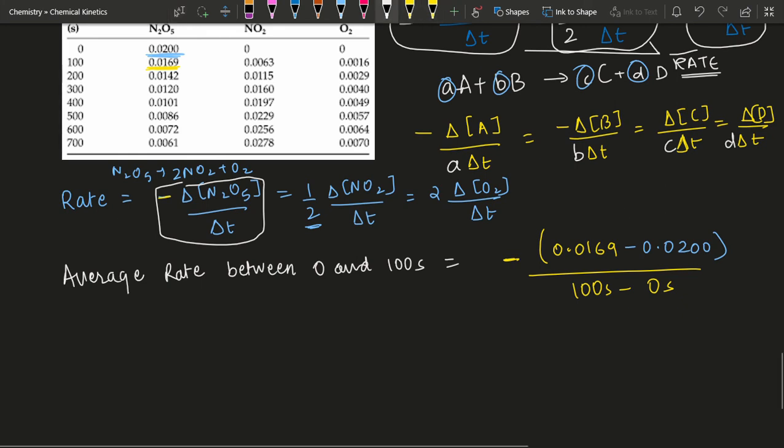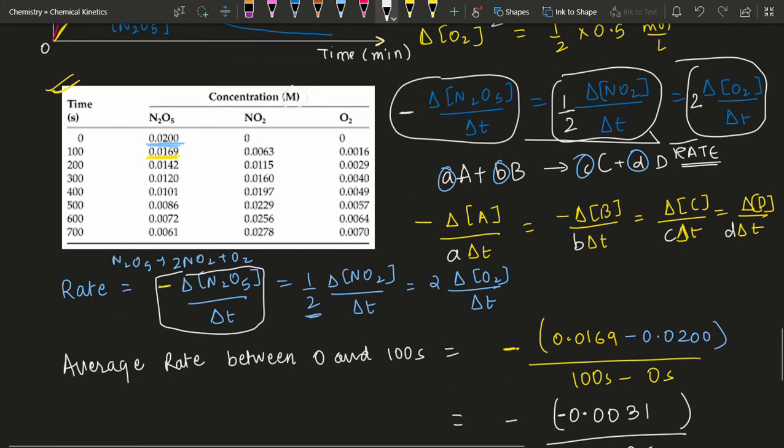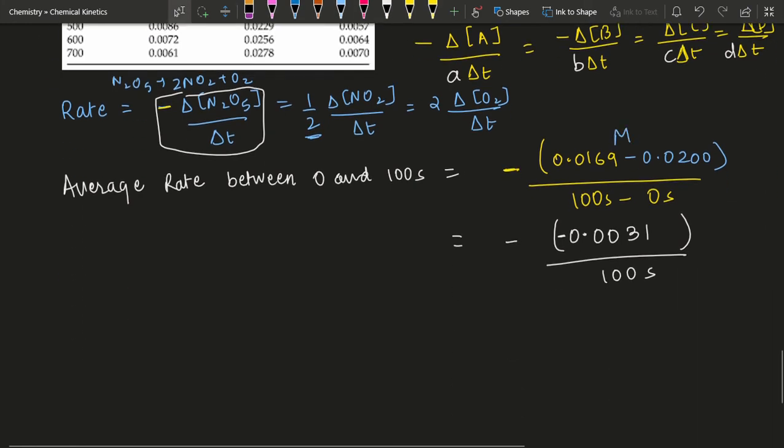Let's compute that. This will be equal to negative of the expression inside the brackets, which is negative of 0.0031, divided by 100 seconds. Everything here is in molar, so we also need to mention that: 0.0169 molar and 0.0200 molar.